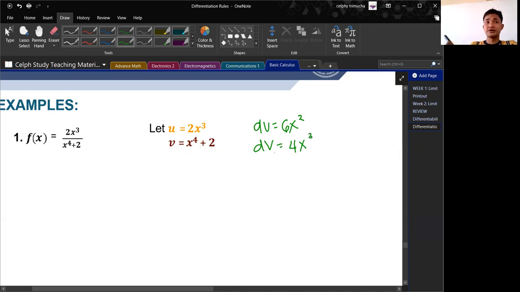So now substitute naton siya sa aton equation which is v du minus u dv all over v squared.